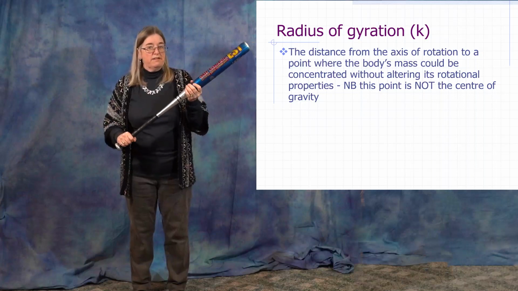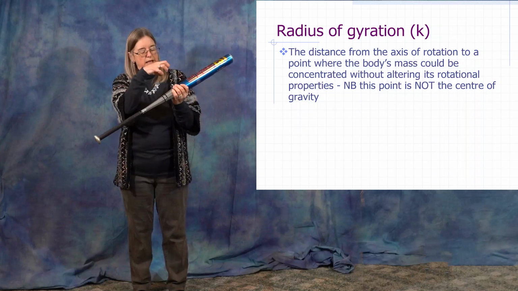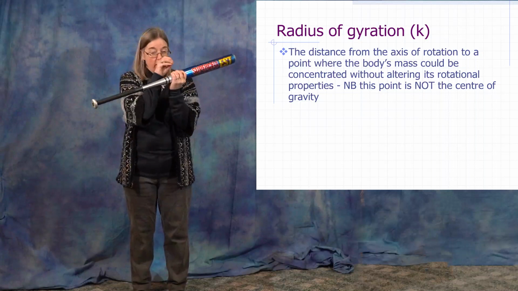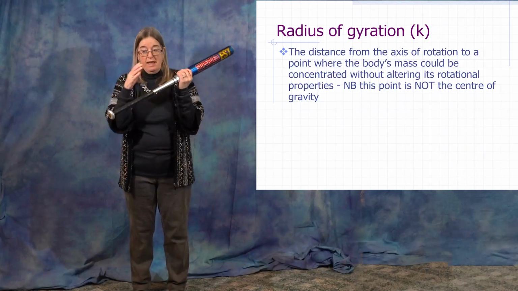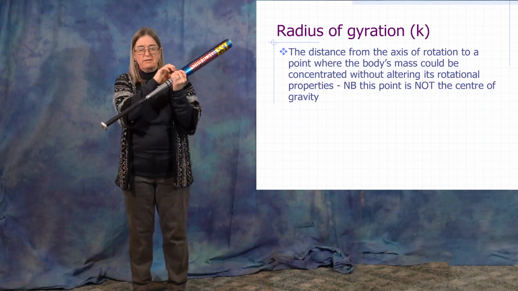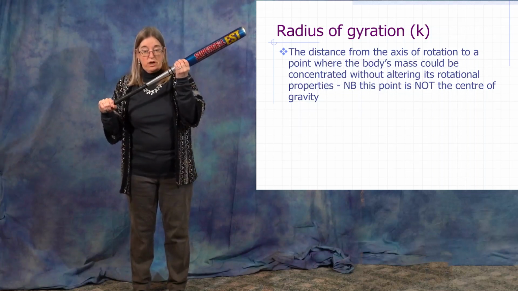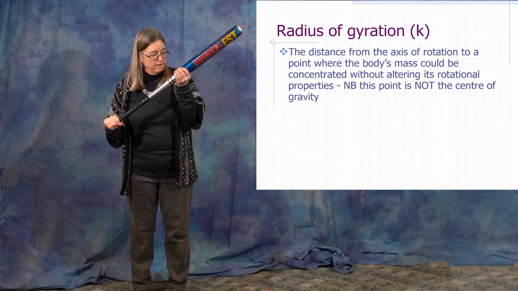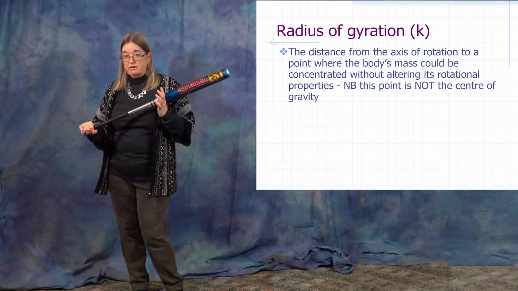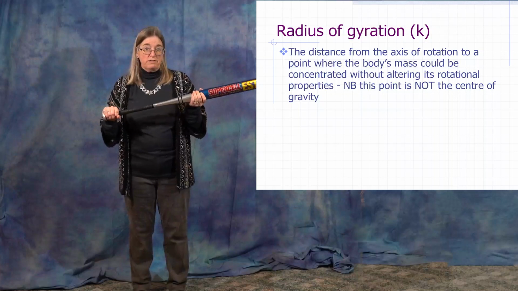So instead of adding up all of the individual particles, I create a point on this bat where I concentrate all the mass, and whatever distance it is from the axis of rotation to that point, I call the radius of gyration. If I did that, it would still feel the same to swing. In order to accelerate, it would feel the same around that axis. So we call that the radius of gyration.